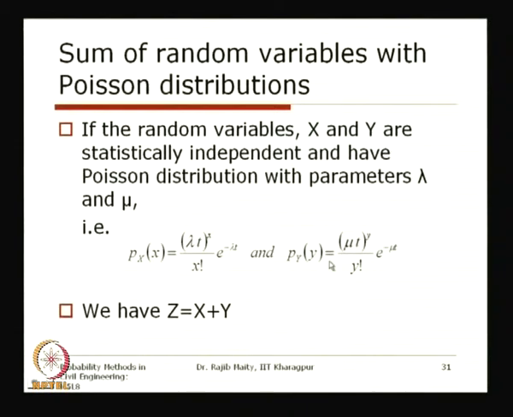Now, as I started with, in the case of some specific random variables, if we add them, then some specific results may come up. There are a few such distributions where these summations are straightforward.